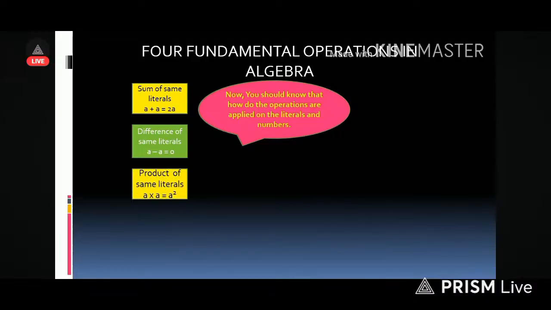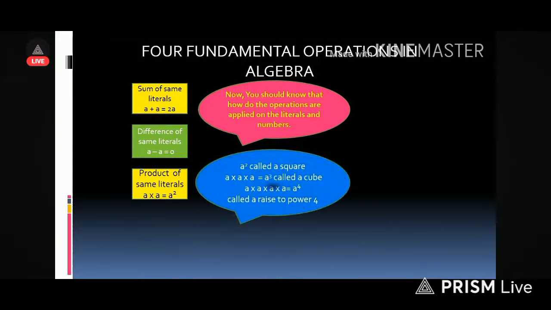Product of same literals, a multiplied by a is equal to a square. You can see here we have written 2 above a. This is the power: a square, a raised to power 2, or it is called a square.